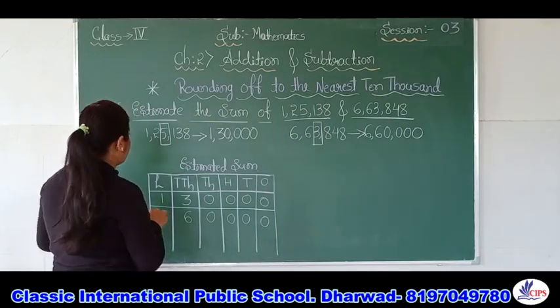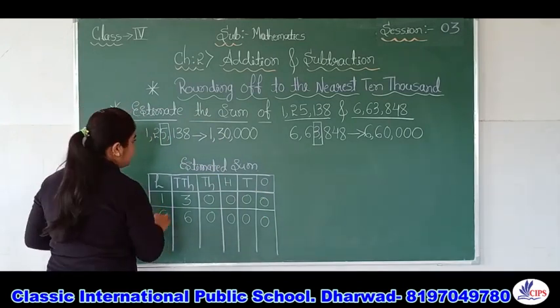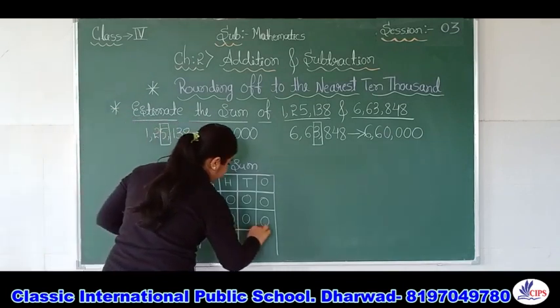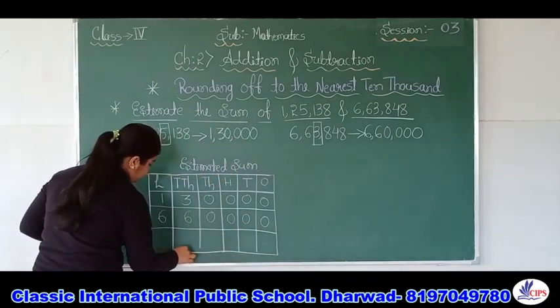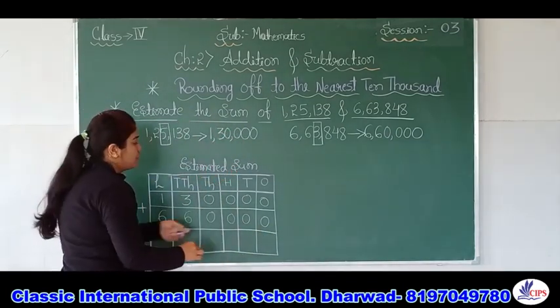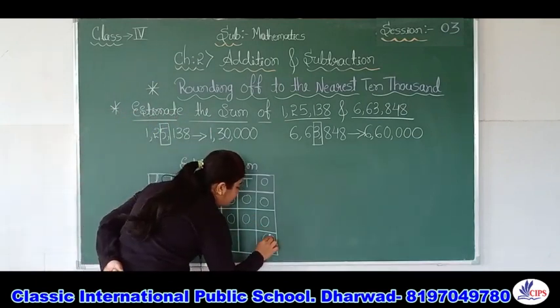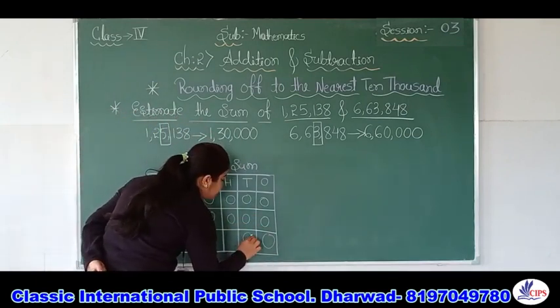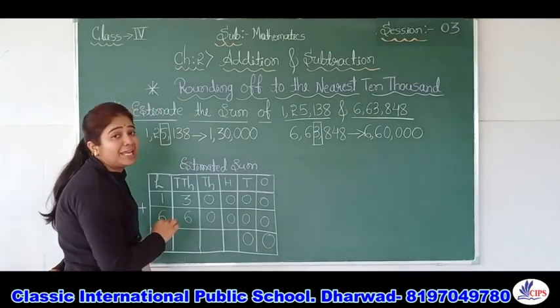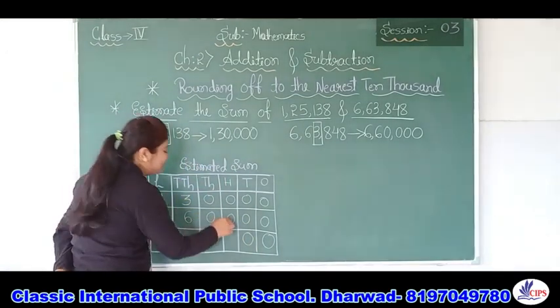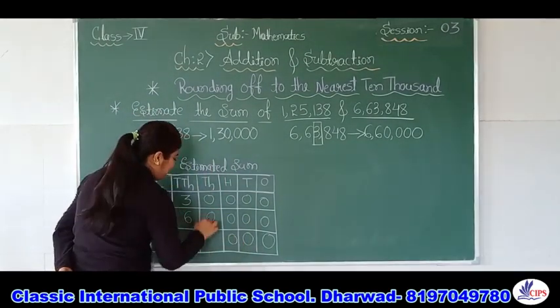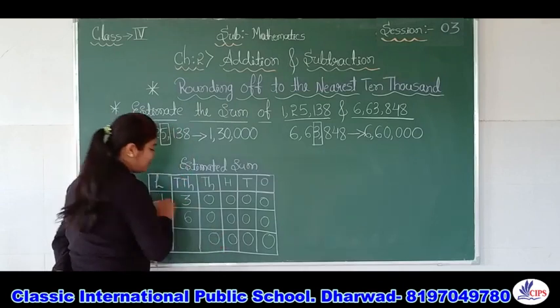Okay. So now you have to add these. 0 plus 0, 0. 0 plus 0, 0. 0 plus 0, 0. 0 plus 0, 0.